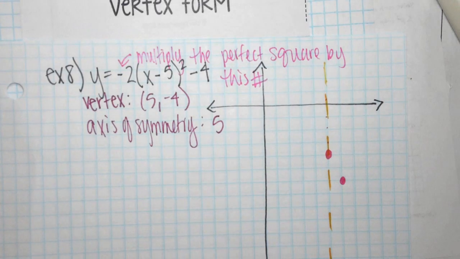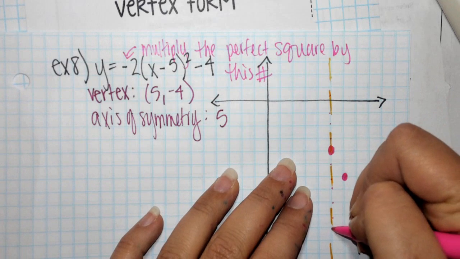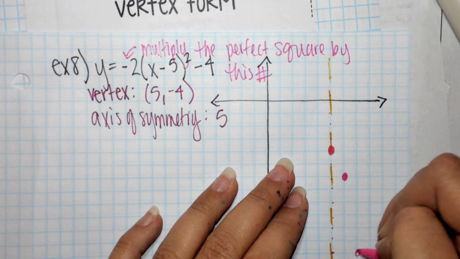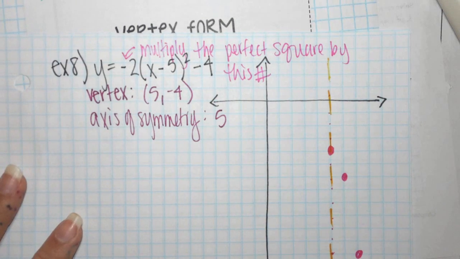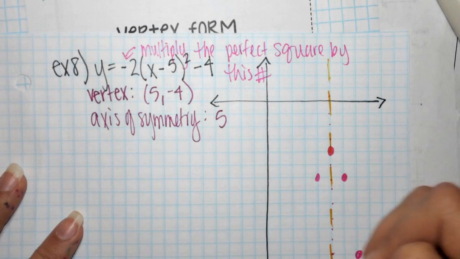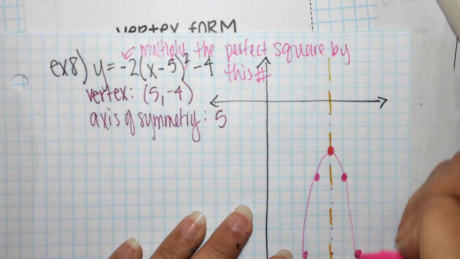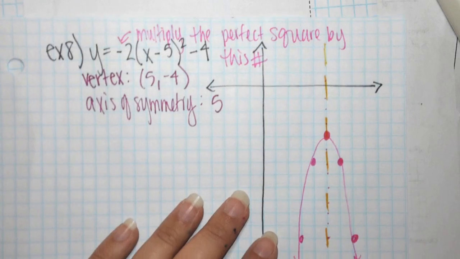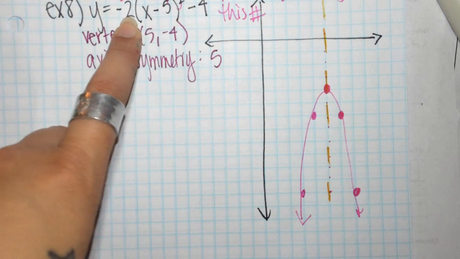But what's 4 times 2? 8. So you would go down 1, 2, 3, 4, 5, 6, 7, 8. And you still go right 2. The negative tells us to go down. Okay, 4 times 2 is -8. And then right 2. So the counting number is still the same, but you multiply what you go up or down by this.